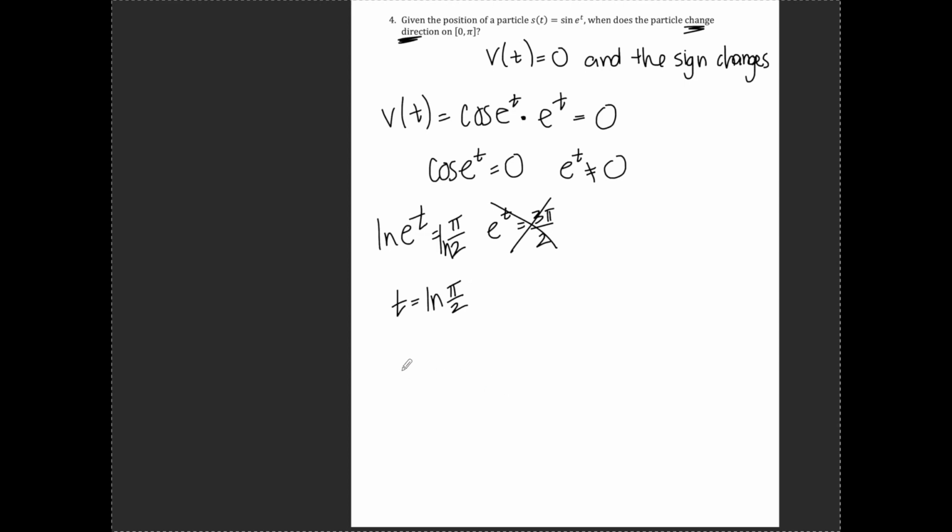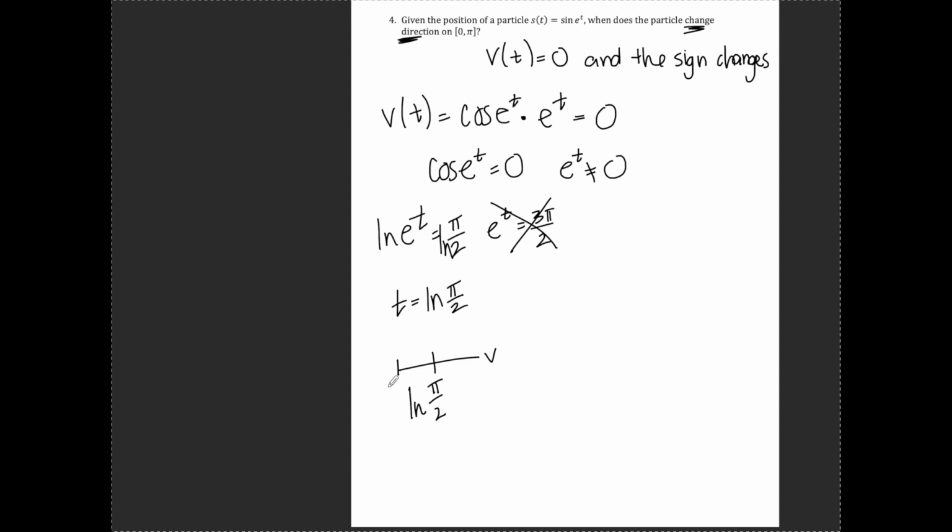I'm going to put that on a number line, and this is a v number line. First, let me fix this critical value. So this critical value is actually ln of pi over 2.